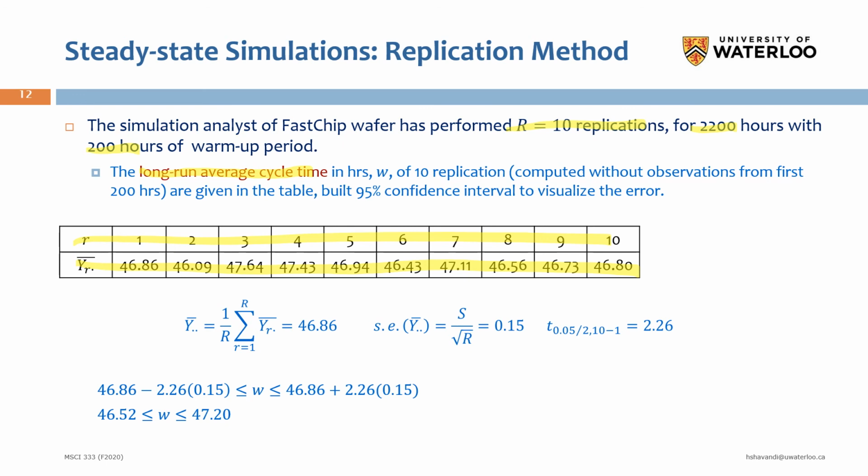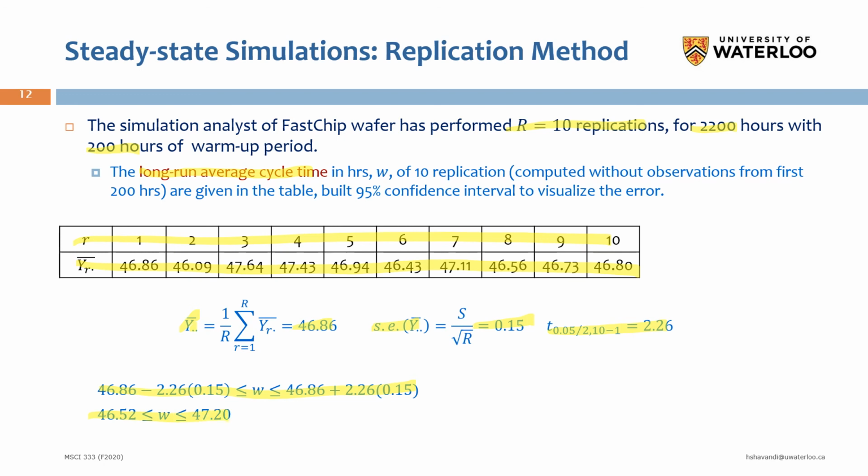Easily we can obtain y bar dot dot here, and it will be 46.86, and then the standard error of y bar dot dot, s over the square root of R, will be 0.15, and this value will be obtained from the t distribution table by having half alpha and the degrees of freedom, which here is 10 minus 1, 9. By having these values, we can easily construct our confidence interval with a 95% confidence level.